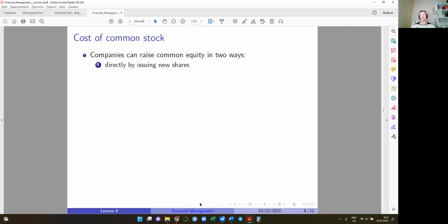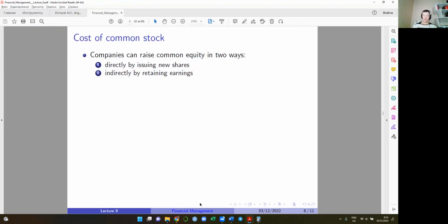It is a very rare case when firms issue new shares. You have probably heard of several companies who issue new shares, but every year there is a limited number of such companies.